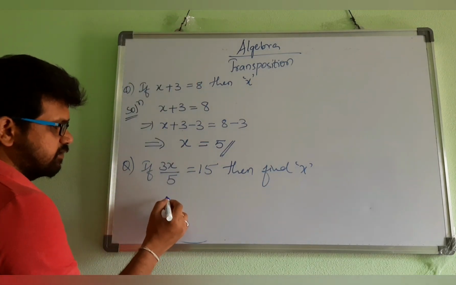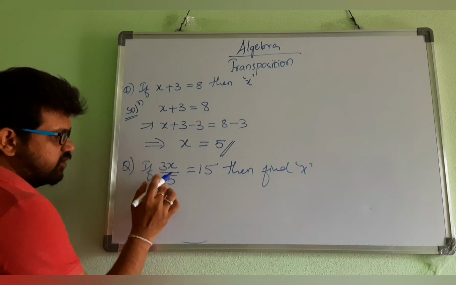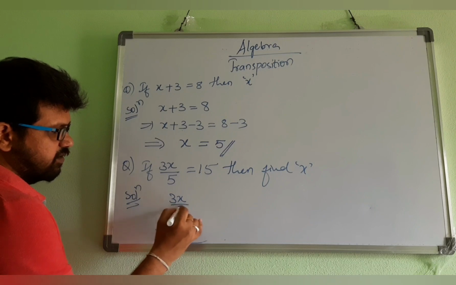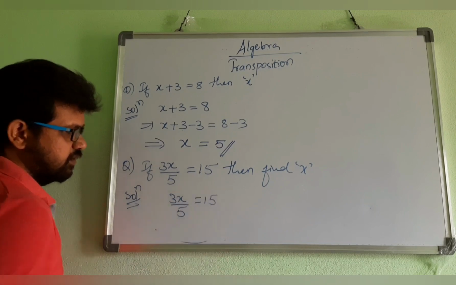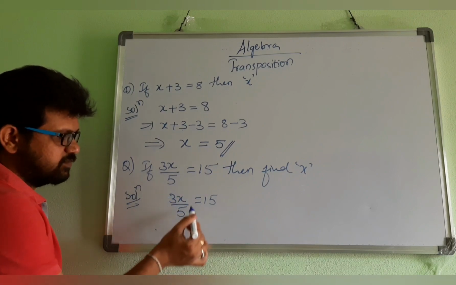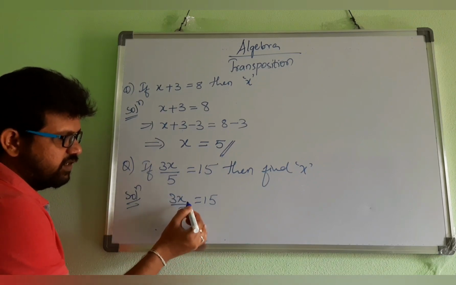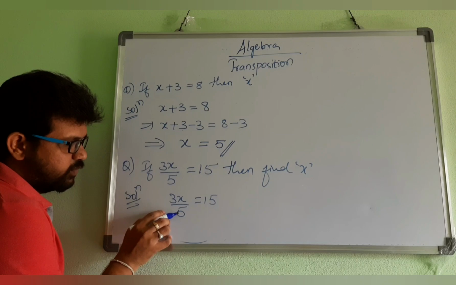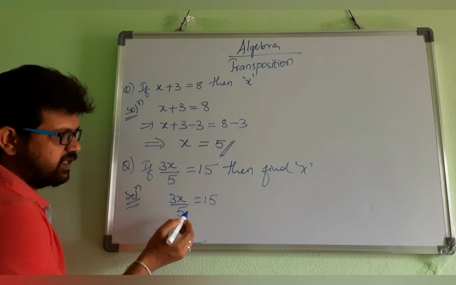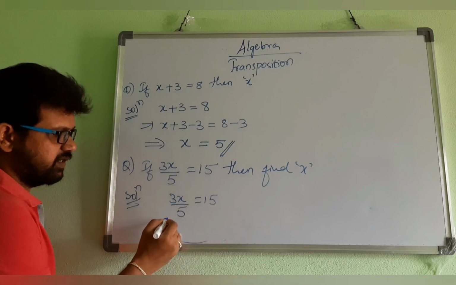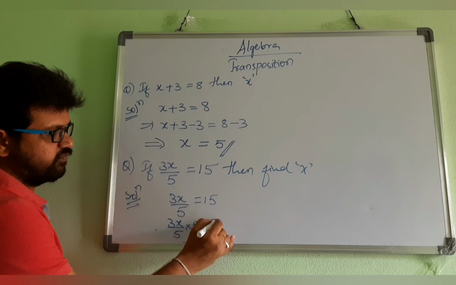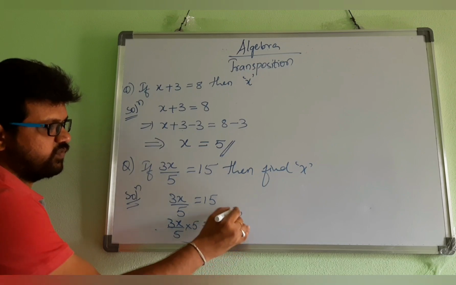We have to find the value of x. 3x by 5 is equal to 15, right? So here we have to remove this 3 by 5. First what I am doing is, the denominator is 5, so multiply both sides by 5. So 3x by 5 into 5 is equal to 15 into 5.